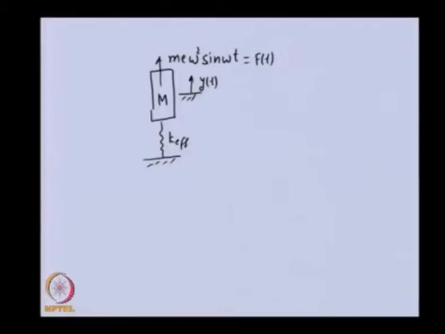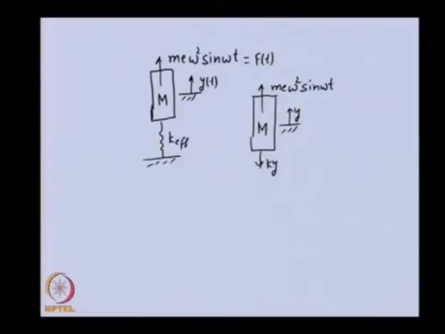Now, for this single degree of freedom model, we can obtain the equation of motion by drawing the free body diagram of the mass. Let us say this is the mass, in which the elastic force will be acting downward, opposite to the motion. If motion is upward, this will act downward. The external force is acting here.